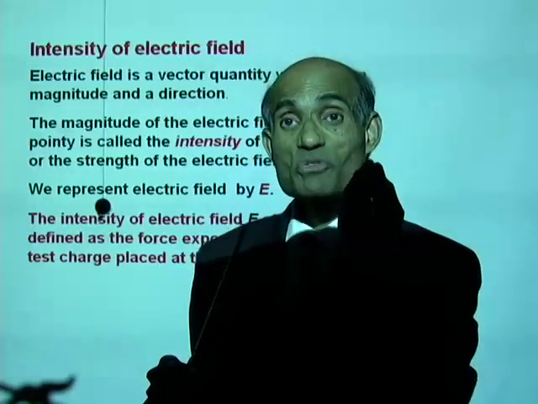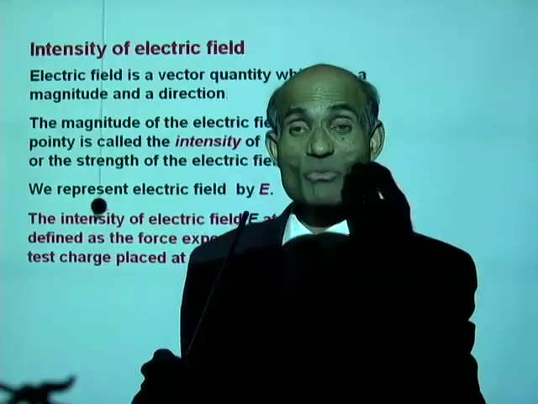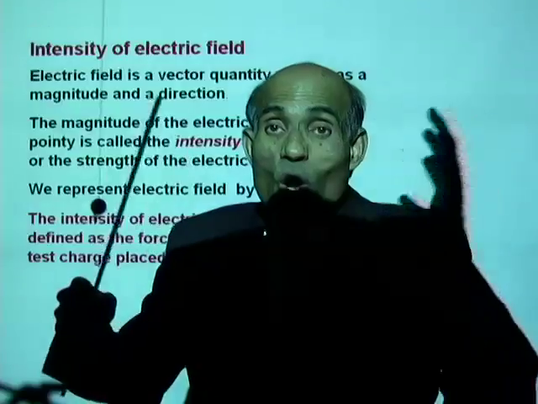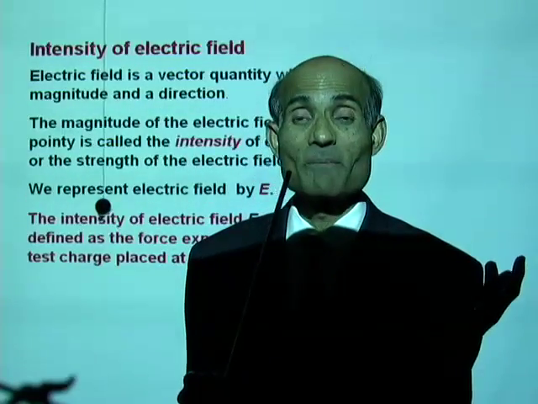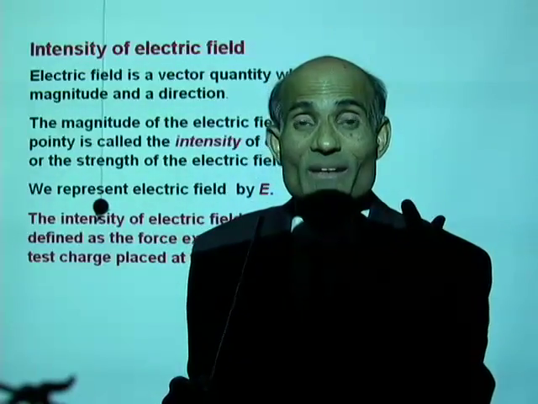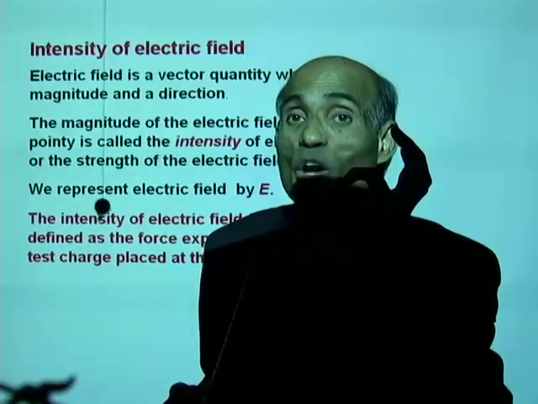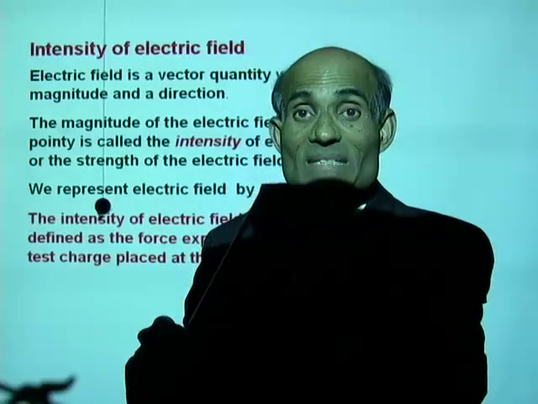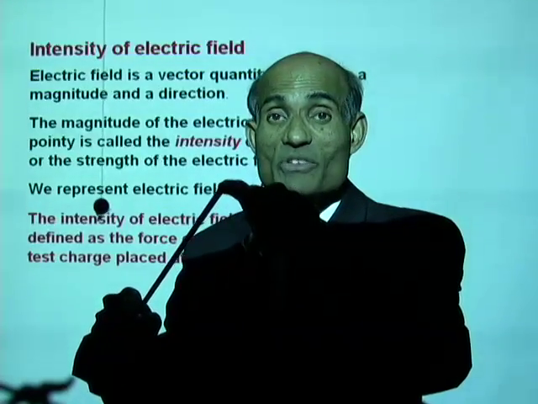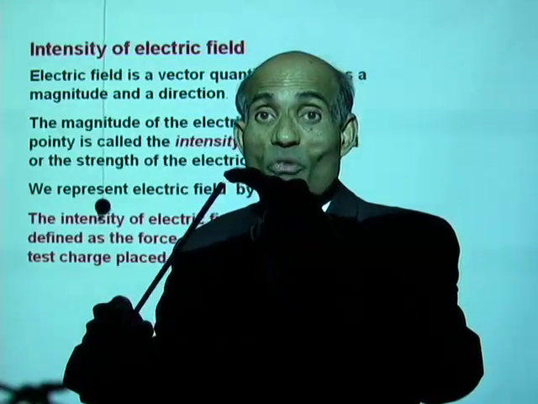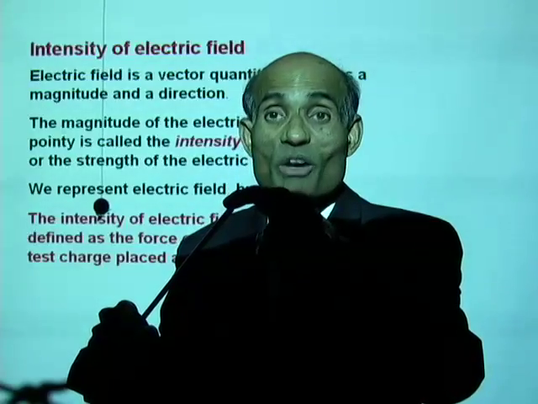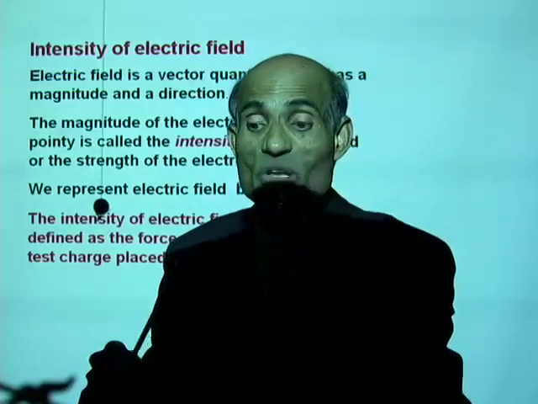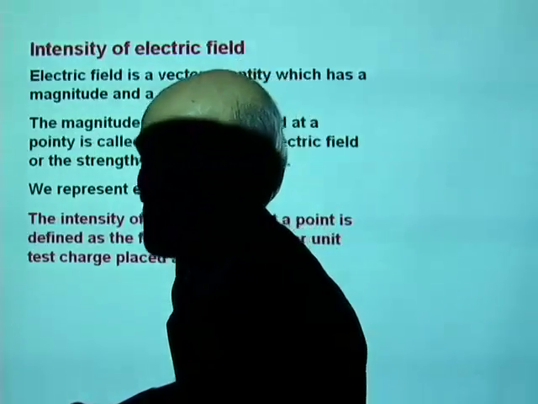You see, because we have two types of charges, positive or negative, we must choose between them. And all over the physics community, it is understood and accepted that we will use a positive charge as a test charge. So if I place a unit positive charge here, the amount of force that unit positive charge will experience will give me a measure of the field intensity at that point.